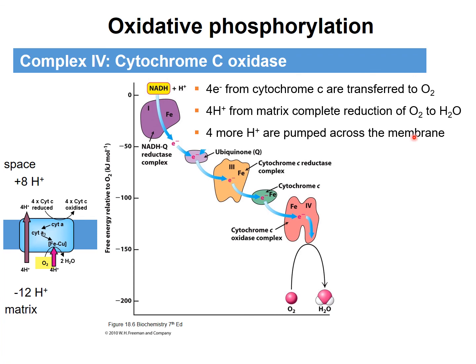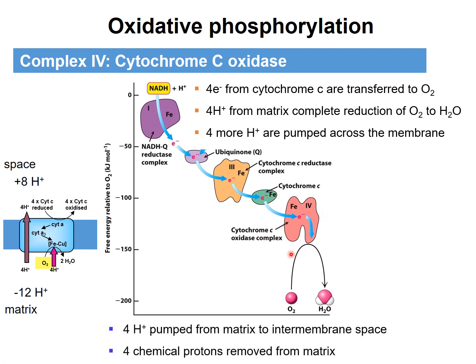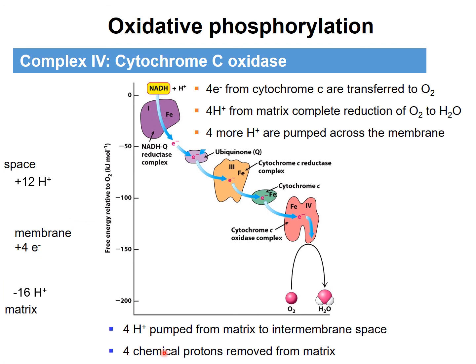And due to conformational changes in complex 4, 4 more protons are pumped across the membrane into the intermembrane space. To summarize, 4 protons are pumped from the matrix into the intermembrane space, and 4 more chemical protons are removed from the matrix to reduce the oxygen into water.